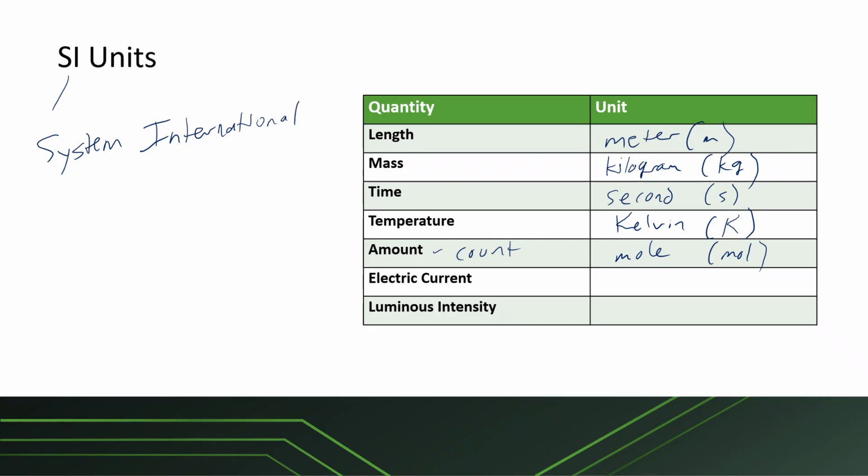For electric current, the SI base unit is ampere, or amps for short, but we abbreviate that A. And then luminous intensity, you're not going to see a whole lot in chemistry, but we typically use the candela for that, and that's abbreviated cd. It's one of the SI base units, so I wanted to include it, but it is not something you're going to really encounter in this class.